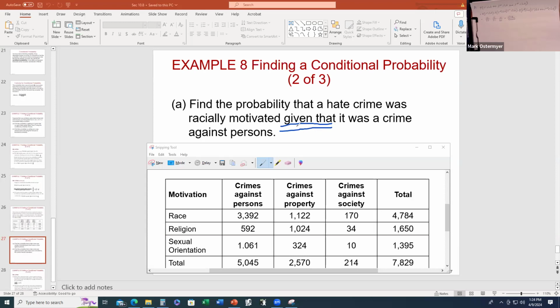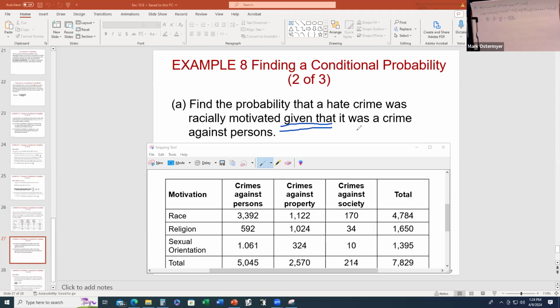So look at, ladies and gentlemen, when you see the phrase given that in a probability question, it's understood this is a conditional probability that is needed here, because given that suggests the conditional probability. That means the events in question are not independent, they are dependent events. Now, this is how it works. Given that it was a crime against persons, you know what that does?